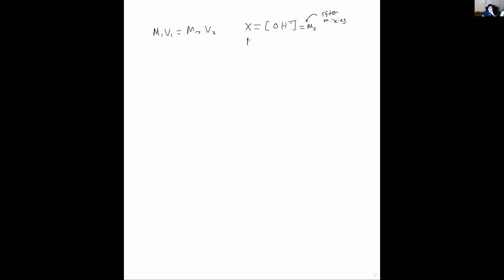And then your M1 is just 6, and then your V2 is just... So then I guess one other thing that you have to consider is that V2, because you're adding some amount, V2 ends up being V1 plus 400, right? Because you start with 400 and then you're adding some amount of hydroxide.